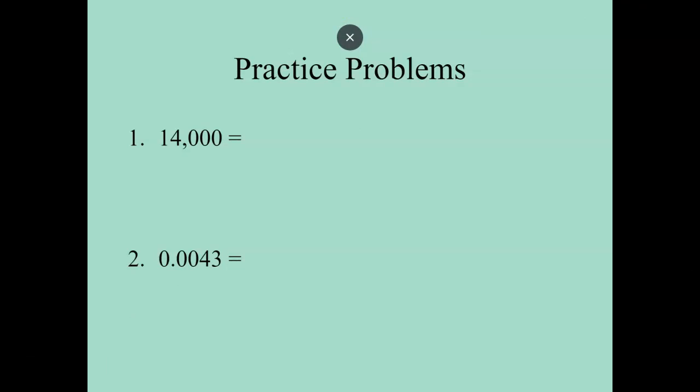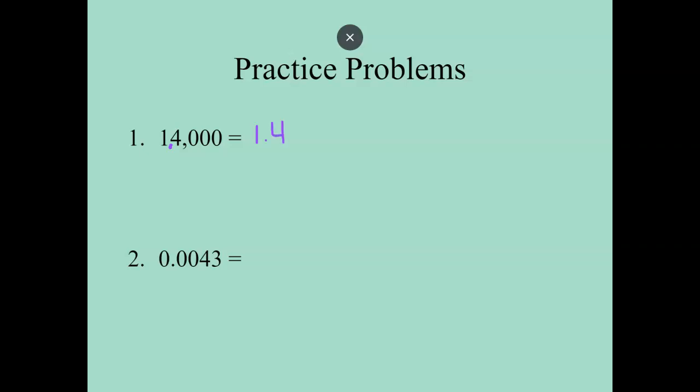So we have 14,000 here, and we want to put this into scientific notation, okay? Well, the first thing I need to do is put my decimal somewhere where I know my value will be between 1 and 10, okay? Well, I have a 14. 14 doesn't work, but if I put a decimal right here, 1.4, that works because 1.4 is between 1 and 10, okay?